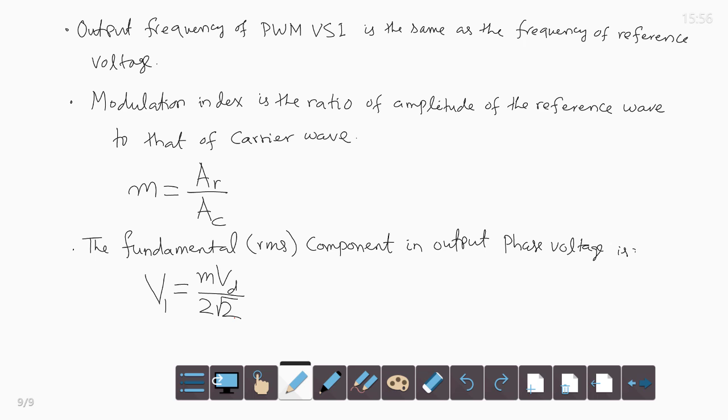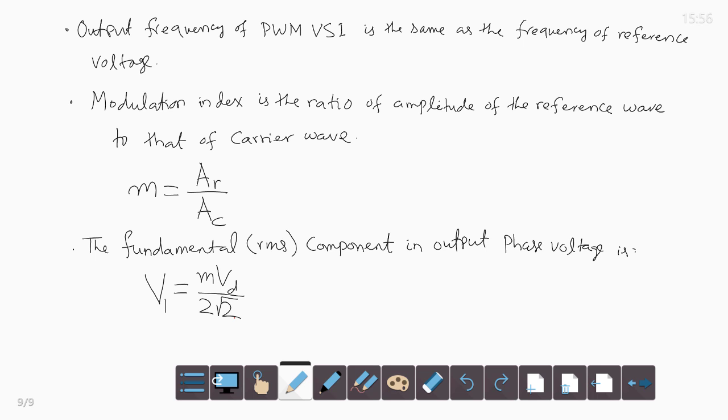The fundamental RMS component in the output phase voltage is V1, which is modulation index M times the DC input voltage Vd divided by 2 root 2. As you can see, by varying the modulation index M, the output phase voltage is varied by this expression.